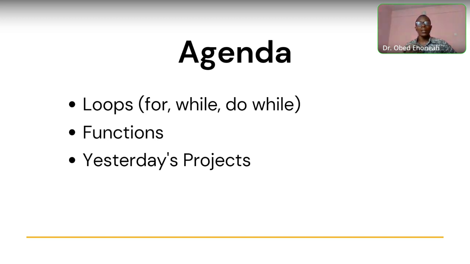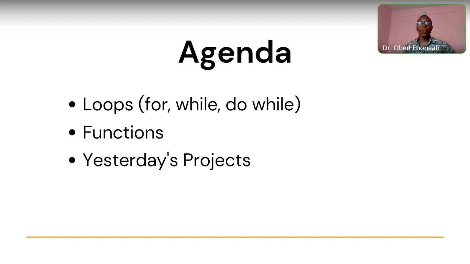However, there are occasions when we want a particular decision to be taken continuously until a particular condition is met. That is when the concept of loops comes in. We want the computer to keep doing something until a particular thing is done. For instance, an alarm clock.